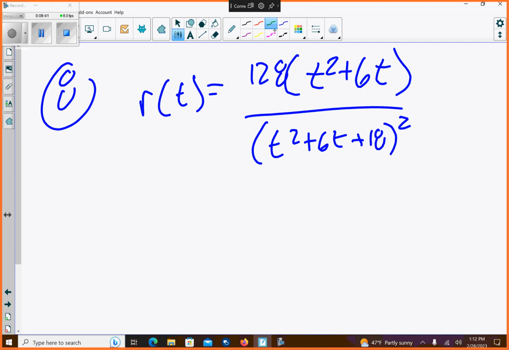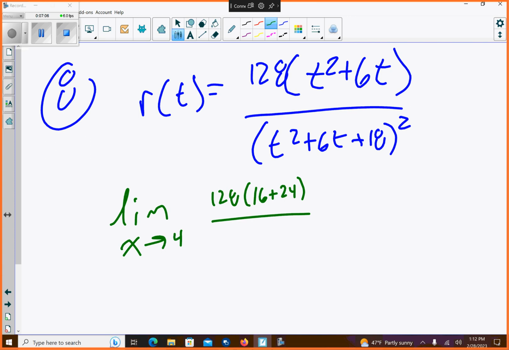All right, so we want to know, find the limit at 4. So first thing you want to check, can I just plug it in and see what happens? So I'm going to get 128, 16 plus 24. And then I'm going to get 16 plus 24 plus 18 quantity squared. Yowzers.